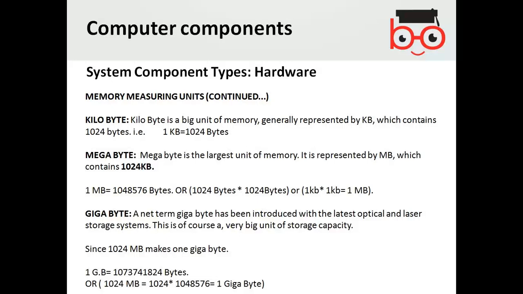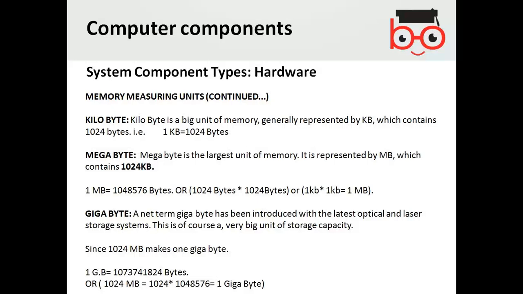So 1 kilobyte is 1024 bytes. When you say this is 1 GB of data, it means it is 1024 megabytes, the multiplication factor. It is never in hundreds or thousands in the computer.